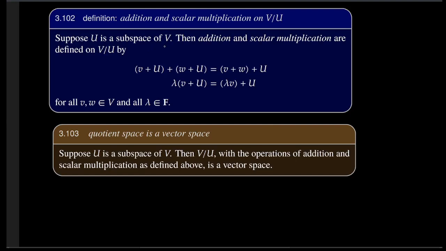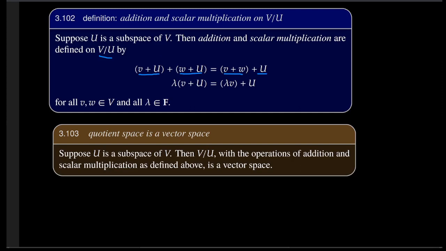Okay, here's the idea. We'll define addition and scalar multiplication on v quotient u, that is the set of translates of u by vectors in v, in the following way. We'll take v plus u and w plus u to be the translate by v plus w of u.